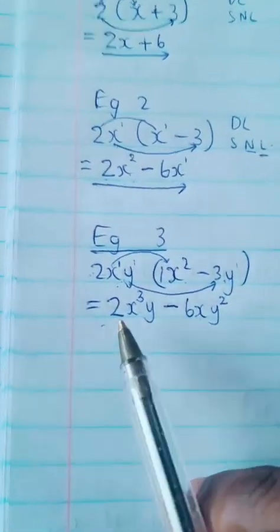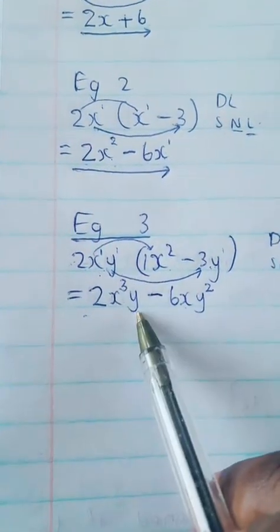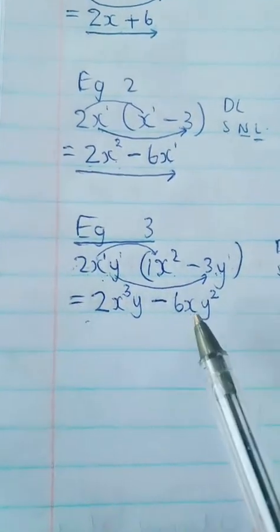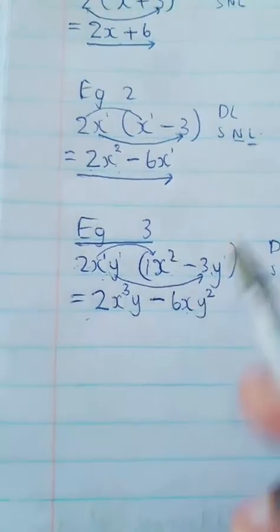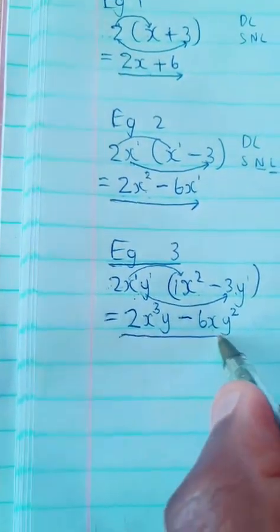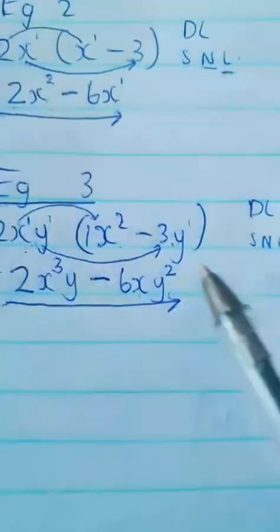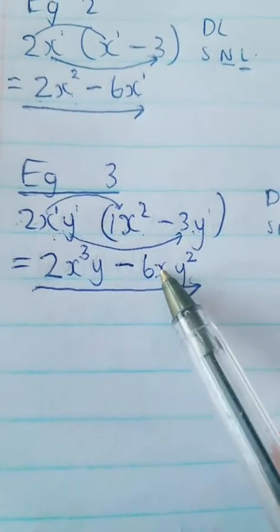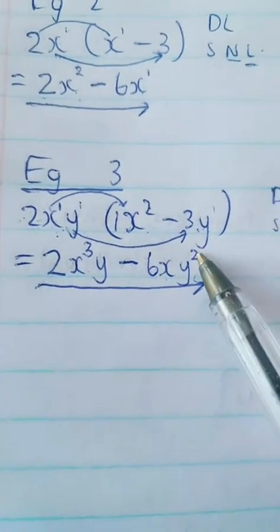We look at the terms. 2x cubed y minus 6xy squared. Are the terms the same? Are they like terms? No. So we cannot add or subtract unlike terms. So we leave the answer as 2x cubed y minus 6xy squared.